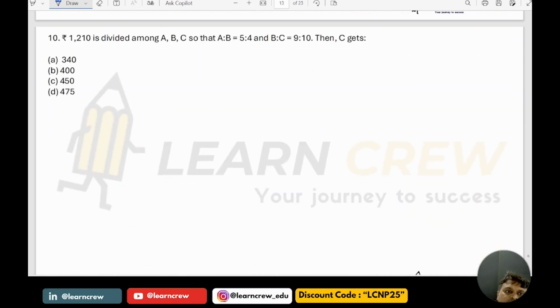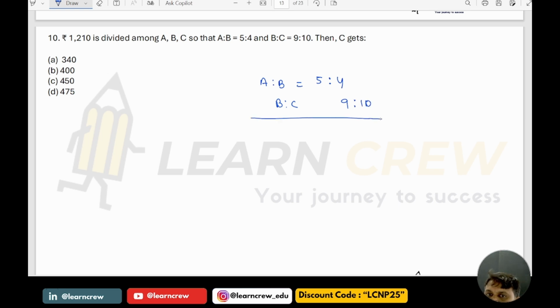Now 1210 rupees is divided among A, B, C so that A is to B is equal to 5 is to 4, and B is to C is equal to 9 is to 10. It is given that A is to B is 5 is to 4 and B is to C is 9 is to 10.